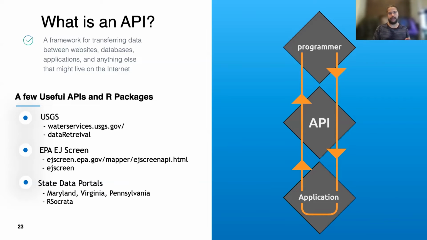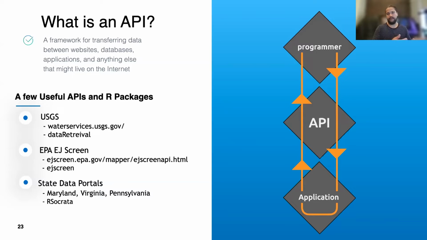If you head to that link, you can take a look at all of their documentation. It's quite a robust API. And then there's the sister package that makes interacting with that API in R super easy, and it's called dataRetrieval. So hats off to the USGS for generating packages for their API to make interacting with them a lot easier.